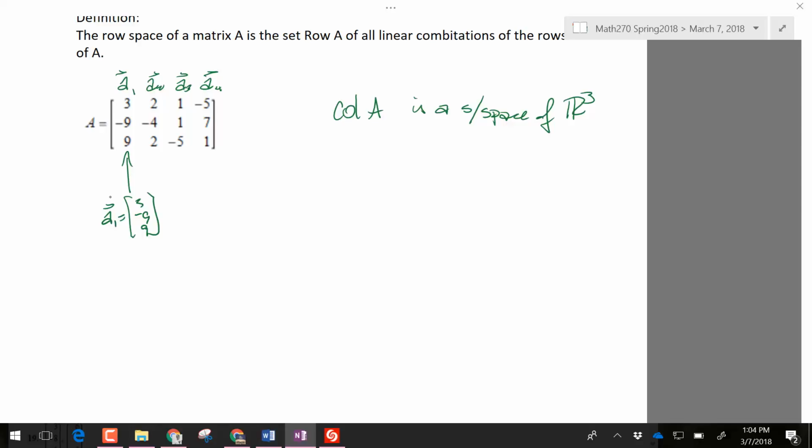Or maybe 2 of them are independent, or maybe 3 of them are linearly independent. But if you have 4 vectors, it's impossible for 4 vectors to be linearly independent in R3. Okay?